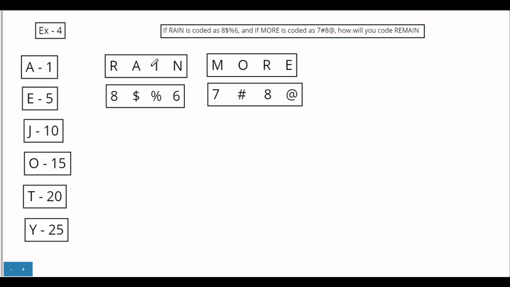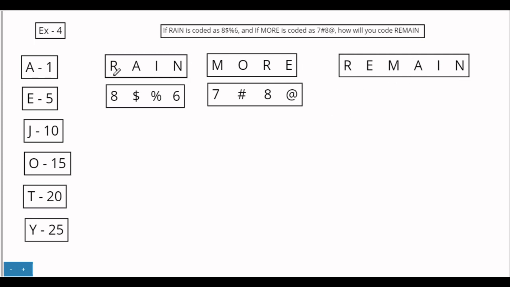In these two words, there's only one letter which is common, and that is R. The symbol for R here is 8, and the 8 is also at the same place where R is, both times. Which means that A will be equal to the dollar symbol, I will be equal to percentage, N would be equal to 6, O would be equal to hashtag, M would be equal to 7, and E would be equal to at.